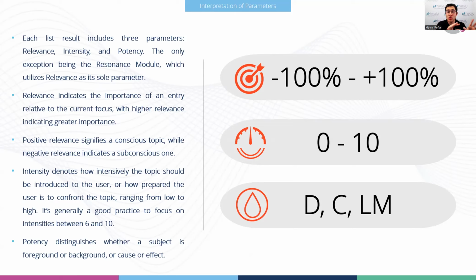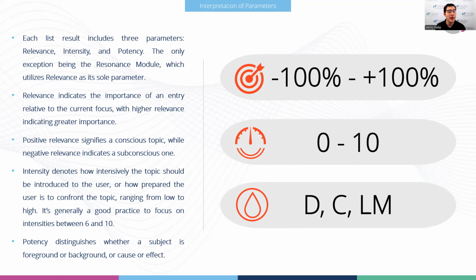So yes, you will be getting subconscious topics and also conscious topics. Doesn't necessarily mean it's not going to be important. So again, just use that as a parameter, additional information, basically, to determine whether or not it's something to work on. So that's relevance: how important a particular result may be for you, and whether it's conscious or subconscious.